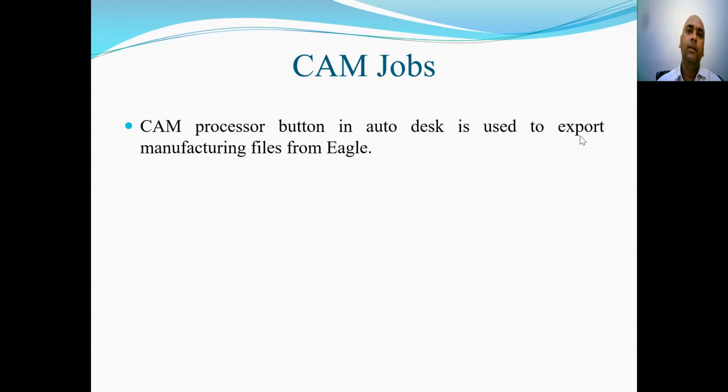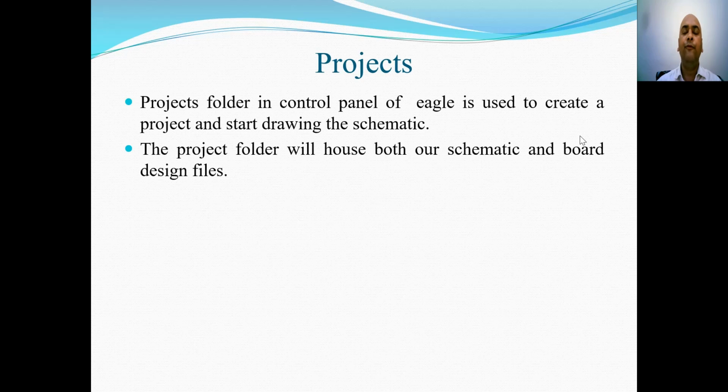Generally, we use Gerber files for the purpose of CAM jobs. The next folder is projects. The projects folder in the control panel of Eagle is used to create a project and start drawing the schematic diagram. The project folder will house both our schematic and board design files.